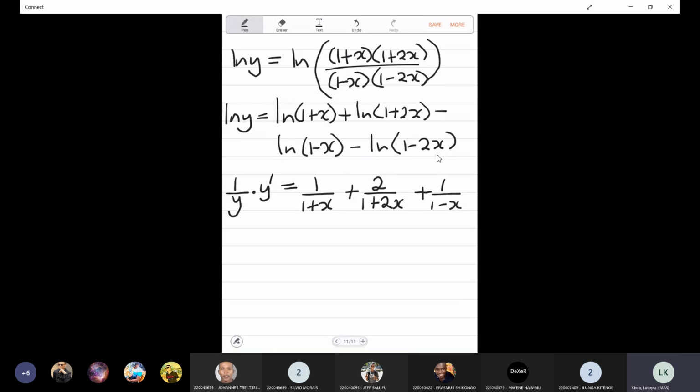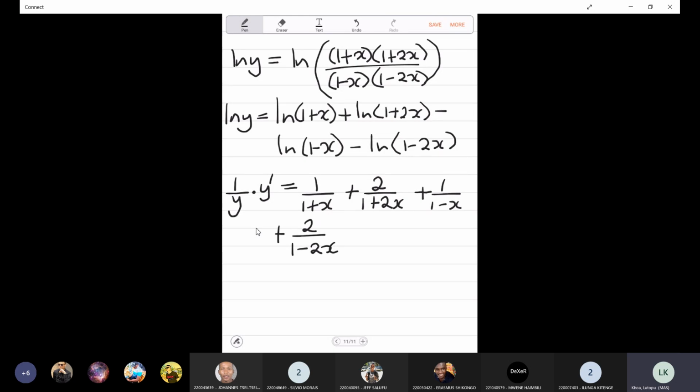And then over here, you have negative 1 over 1 minus 2x. Then you multiply by the derivative of 1 minus 2x. The derivative of 1 minus 2x is negative 2. So negative 2 will multiply with this negative over here. It will become positive. And then in the numerator, we will have 2.